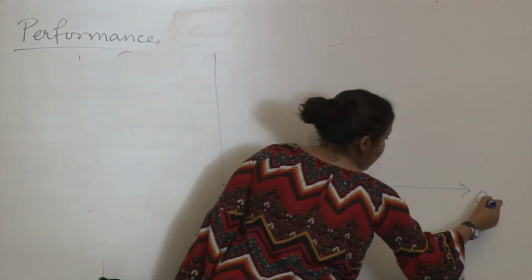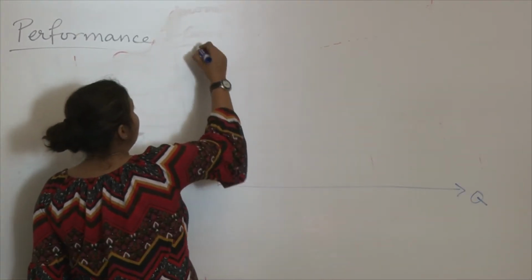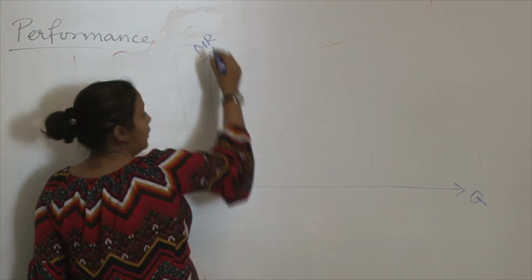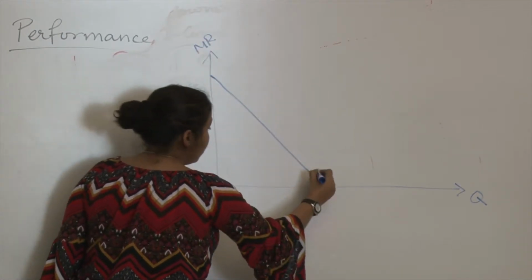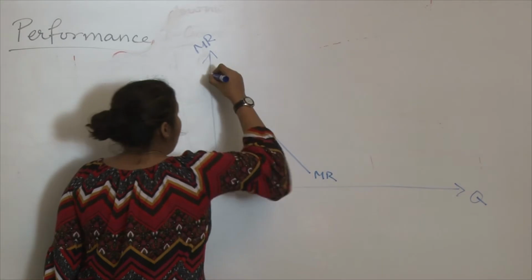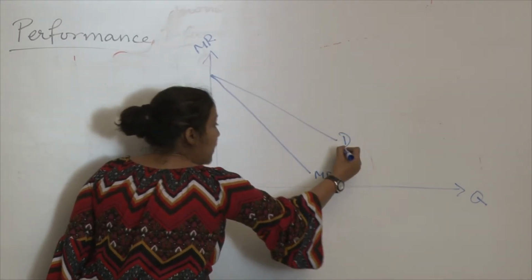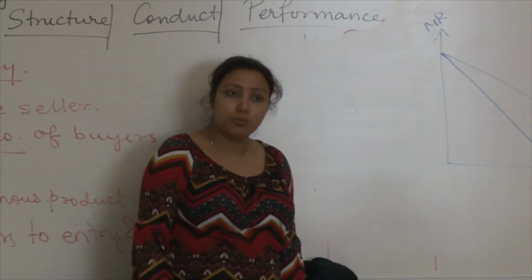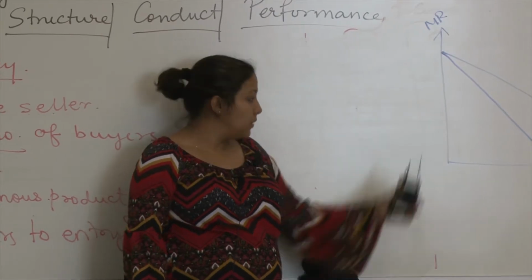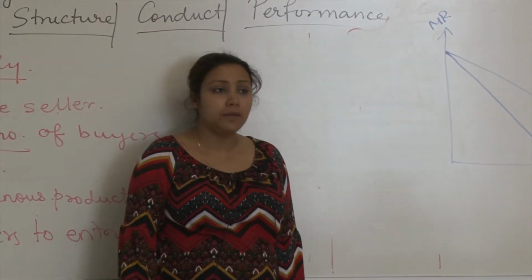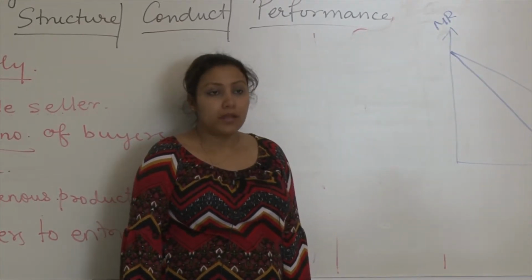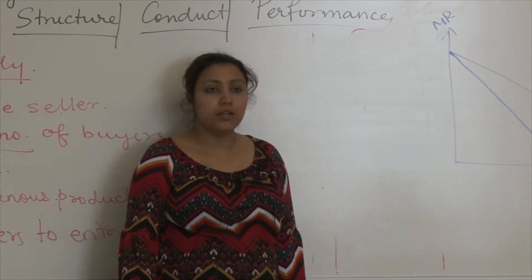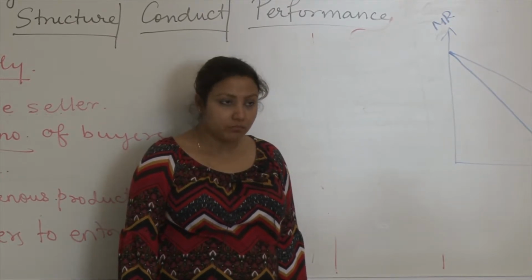You have quantity, and if I measure marginal revenue here, then I have a marginal revenue curve and a demand curve, both downward sloping, but MR is always going to lie below the D curve in case of a monopolist.